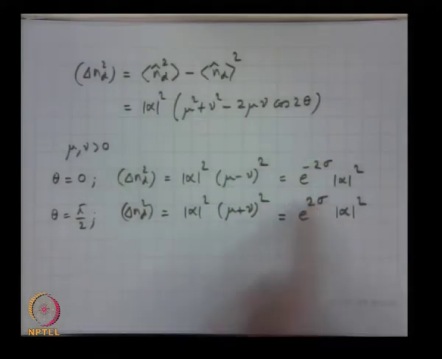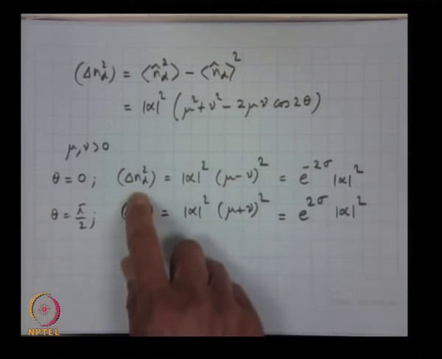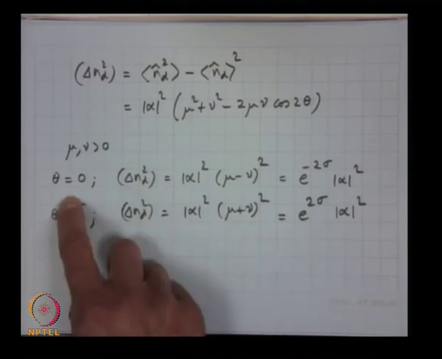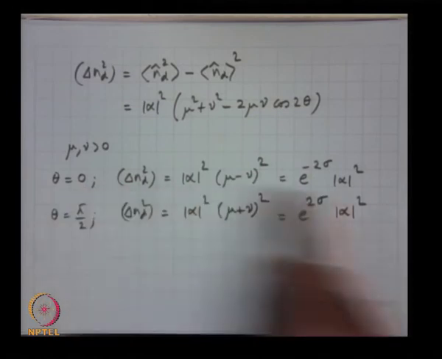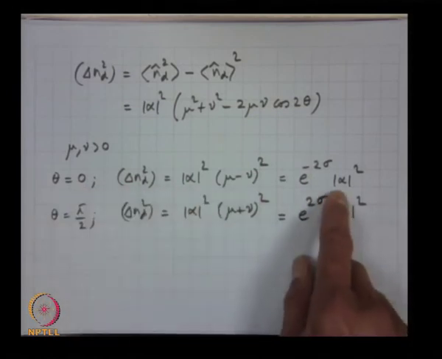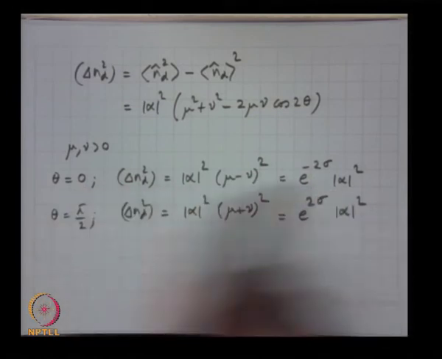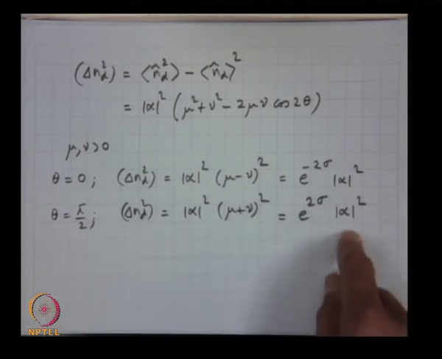What it implies is that the variance in the signal that you're measuring will now depend on the value of theta that I choose. If I choose my theta to be 0, the variance is less than mod alpha square. If I choose theta equal to pi by 2, the variance is more than mod alpha square.